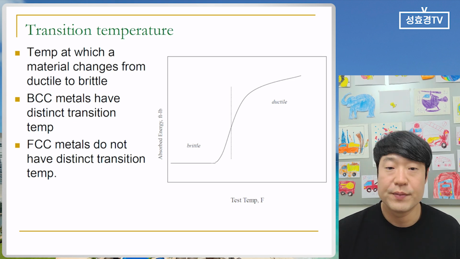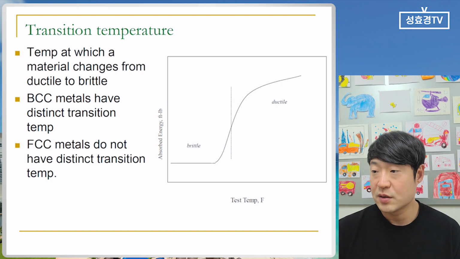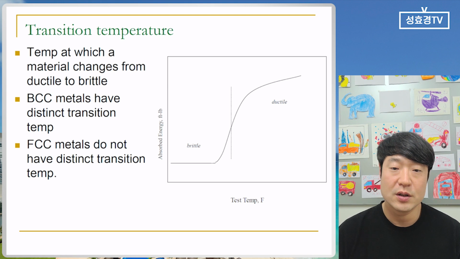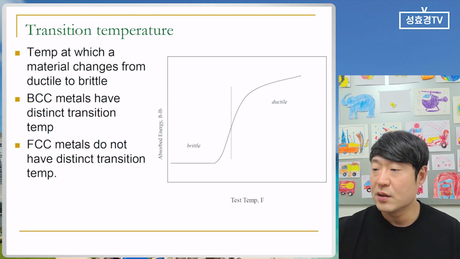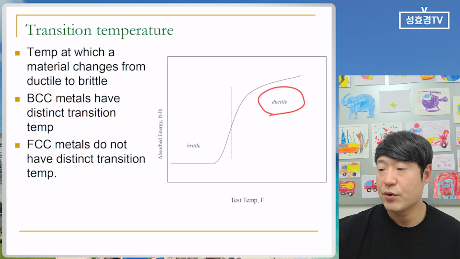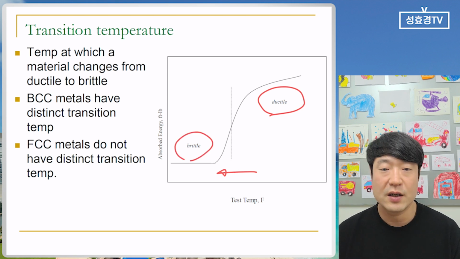Because of that, BCC is very affected by temperature behaviors. They have good slip systems like 110, 112, and 123 at room temperature, so it is fine. At room temperature they have a ductile manner for the absorbed energy, but when the temperature decreases to cryogenic temperatures, it goes to brittle because that slip system is not activated anymore.